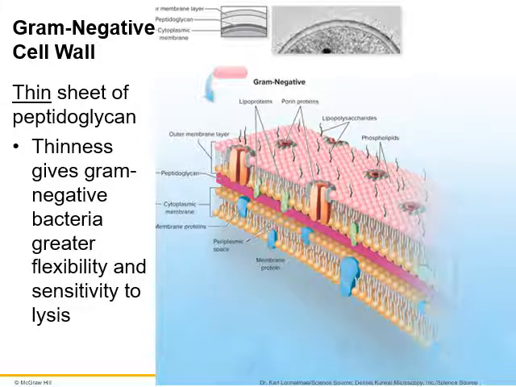The gram-negative cell has a much thinner layer of peptidoglycan, and it overlies the cell membrane, and there's space between this cell membrane and the outer membrane, which characterizes the gram-negative bacterial cell. And that space is called the periplasmic space, and it contains a lot of digestive enzymes and transport proteins.